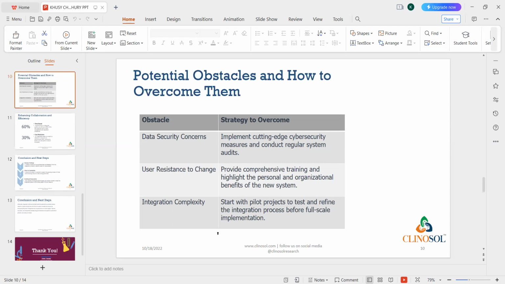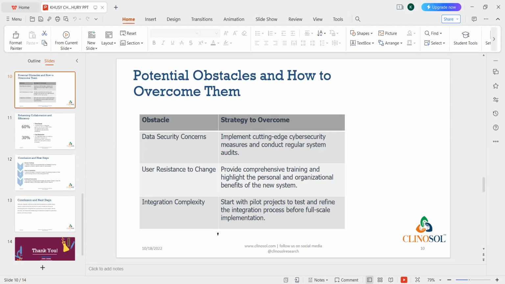User resistance to change. User resistance to change in the integration of clinical trial data can manifest in various ways due to the complexity and impact of the integration process.